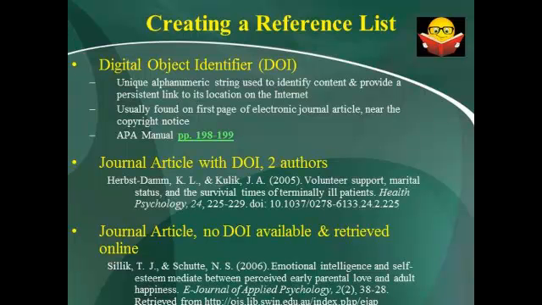Retrieved on date is only used when the information will be fluid, meaning it'll change. Most of the stuff that you're going to gather, a journal article, statistics, data, whether it be not primary but secondary data, is already going to be published. They're not going to go back and change that, so it's not fluid. It is exactly what it is, so you only need to say retrieved from, not retrieved on. Okay?